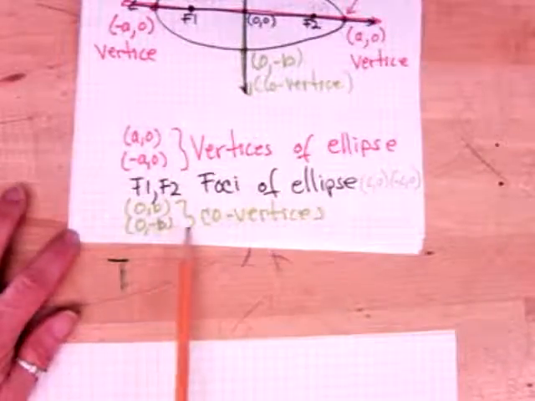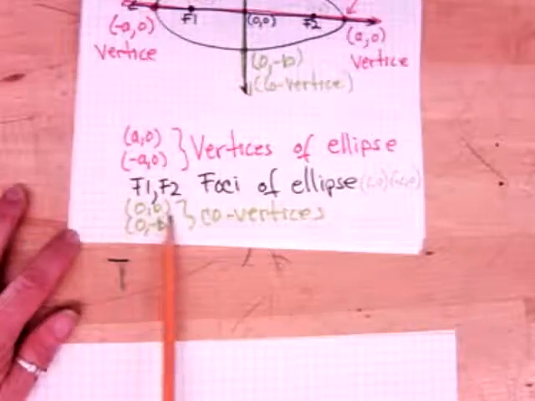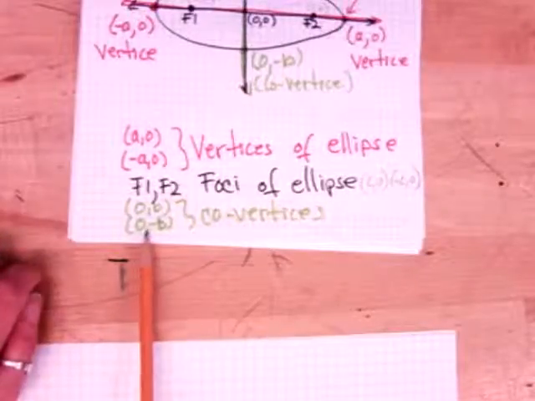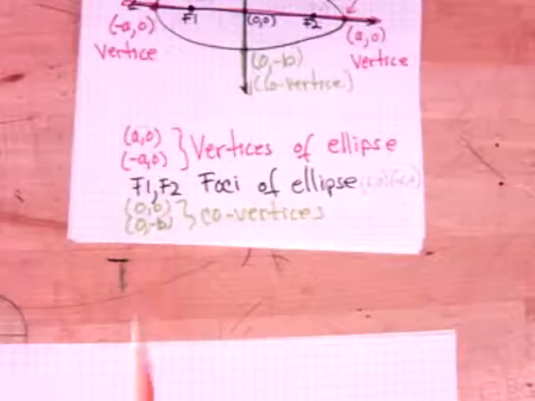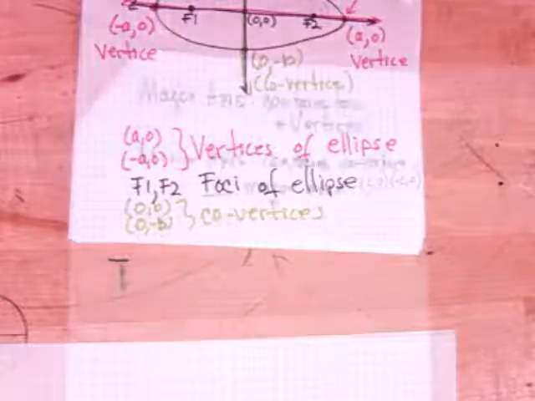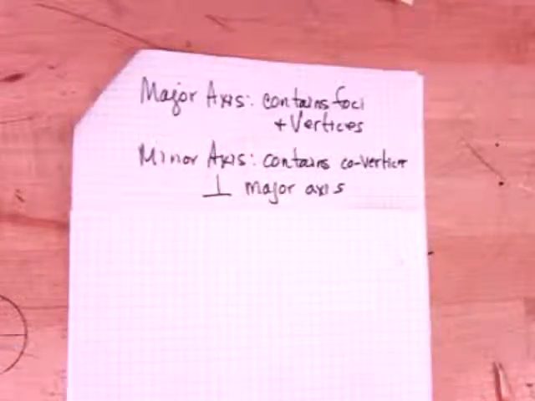And the co-vertices are 0 comma b, 0 comma negative b. So again, the major axis contains the foci and the vertices. The minor axis contains the co-vertices, and the minor axis and the major axis are perpendicular to each other.